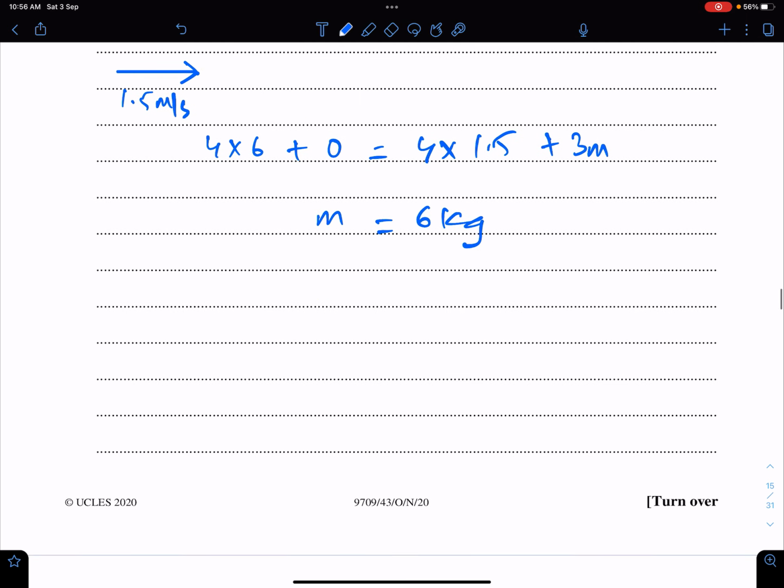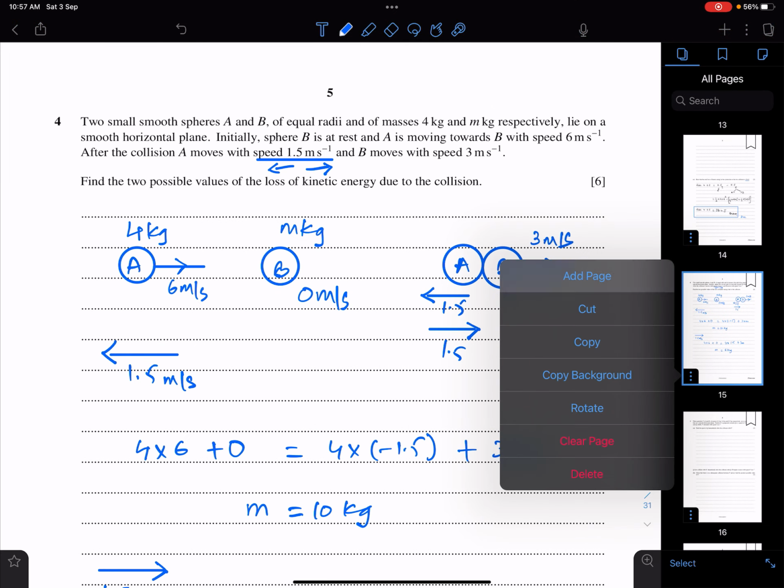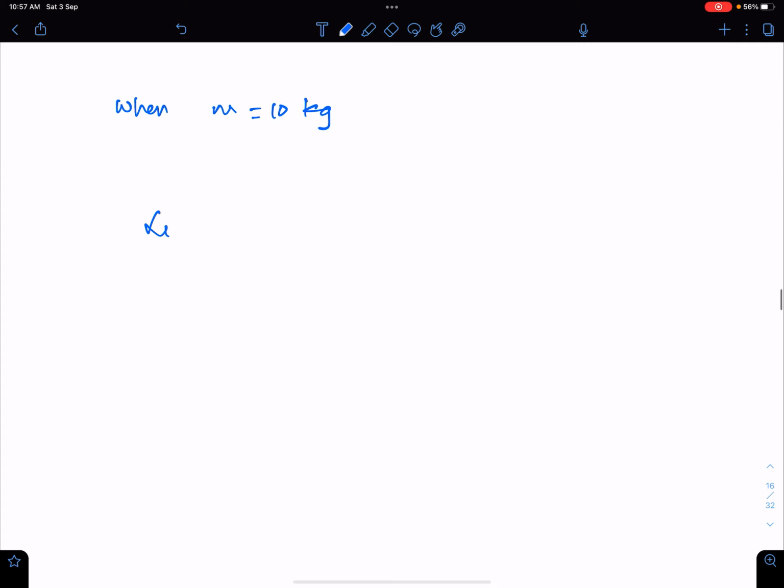Now we have to find the two possible values of loss in kinetic energy. So when the mass of B is 10, then the loss in KE is KE initial minus KE final.